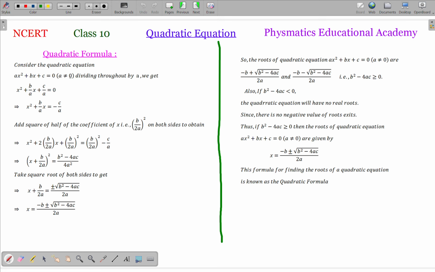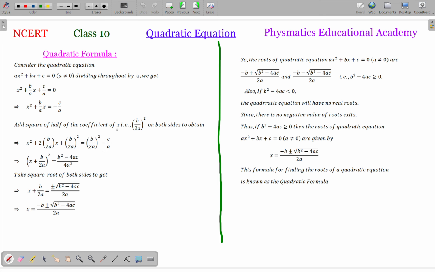Now ax square plus bx plus c is equal to 0. Dividing throughout by a, we get x square plus b by a x plus c by a is equal to 0, since the a in numerator and denominator cancel out. Further simplification: x square plus b by a x is equal to minus c by a, as c by a comes to this side and becomes minus c by a.